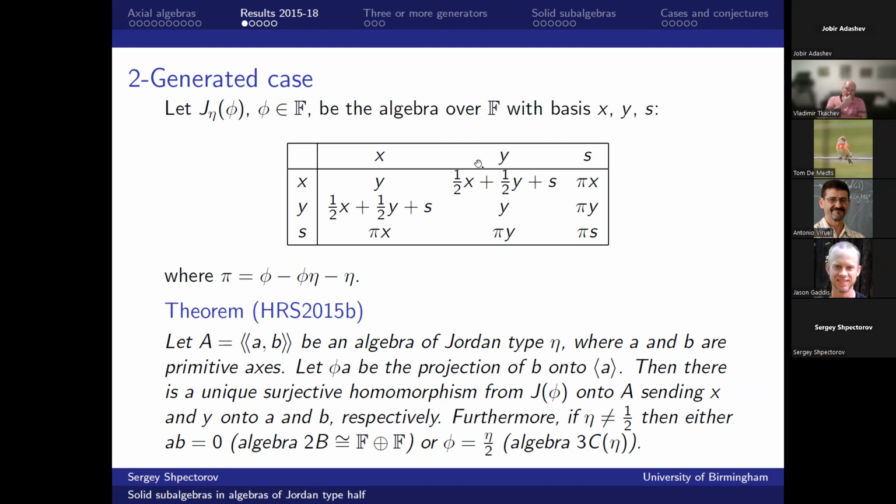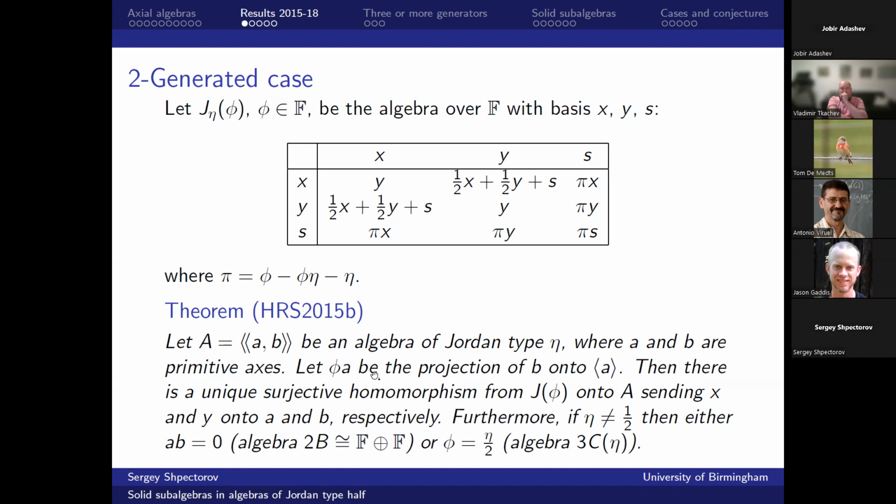X, Y are the 2 x's, and S is a special element that's defined in terms of the product. It's actually xy minus eta x minus eta y. You can see it from here. So X, Y, and S always provide a spanning set.